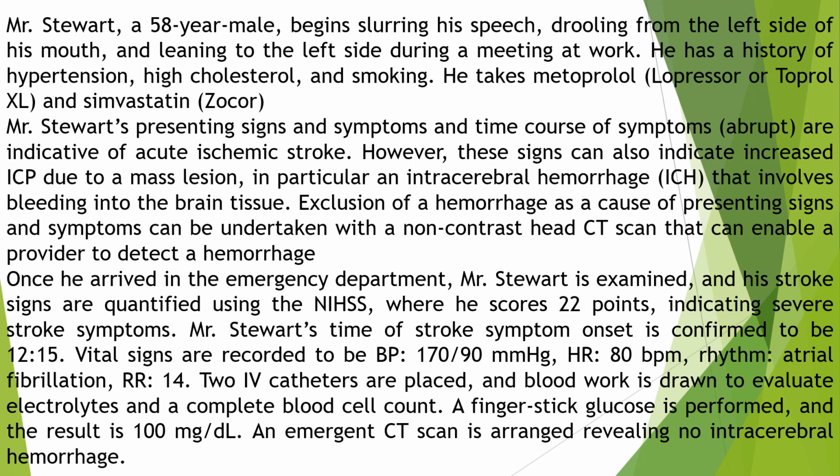Vital signs are recorded to be BP 170/90 mmHg, heart rate 80 beats per minute, rhythm atrial fibrillation, respiratory rate 14. Two IV catheters are placed and blood work is done to evaluate electrolytes and a complete blood count. A finger stick glucose is performed and the result is 100 mg per dL. An emergency CT scan is arranged revealing no intracerebral hemorrhage.